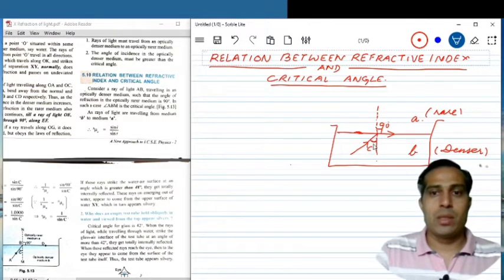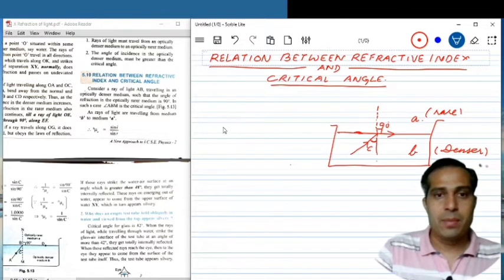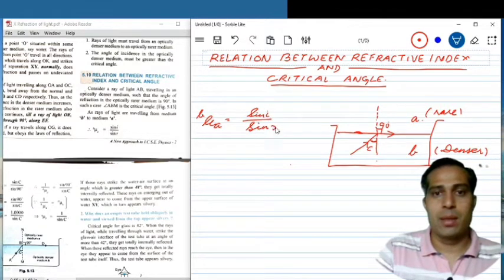So if we talk about the refractive index of medium A with respect to the medium B, then it will be sine i over sine r. That is the definition of refractive index.